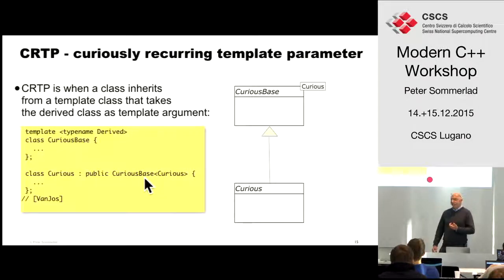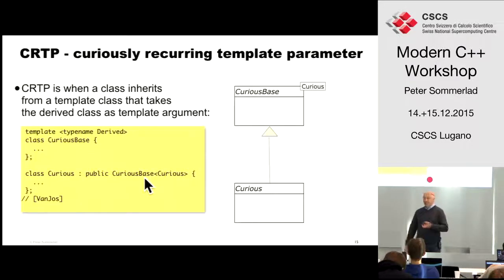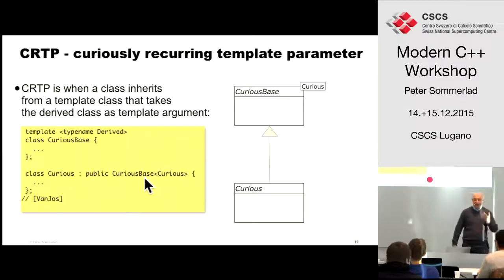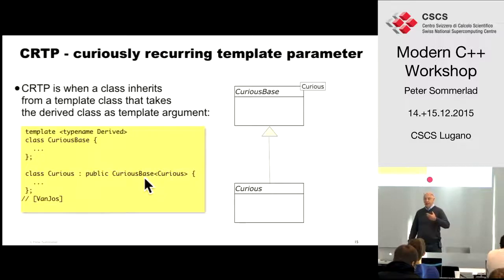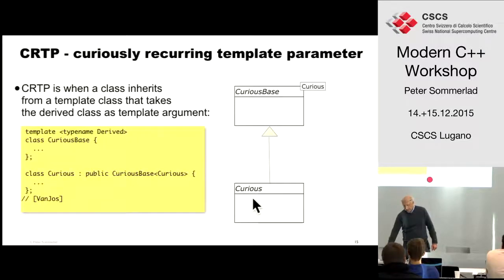That looks quite interesting, and it's a trick that is used quite heavily, because that way we can use the base, curious base, to add features to the subclass without even knowing the subclass up front. So the base class actually introduces additional features to the subclass, and that's an interesting effect that is quite commonly used in programs employing templates and inheritance.